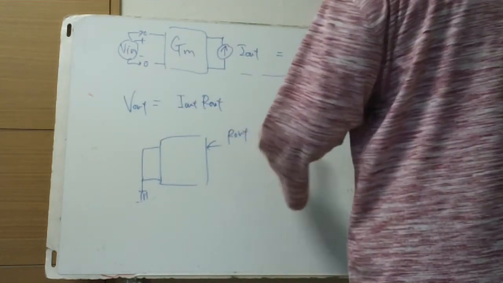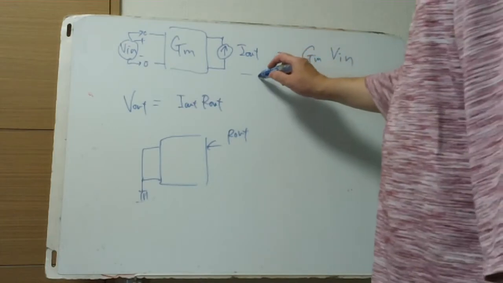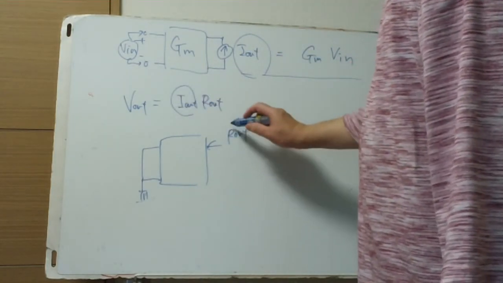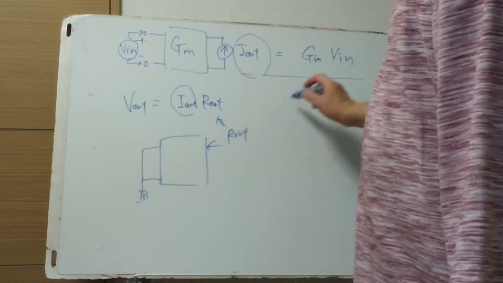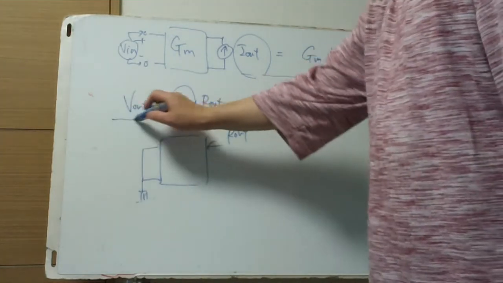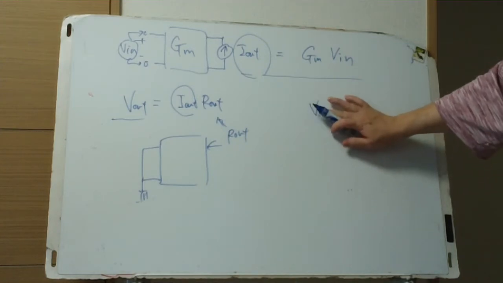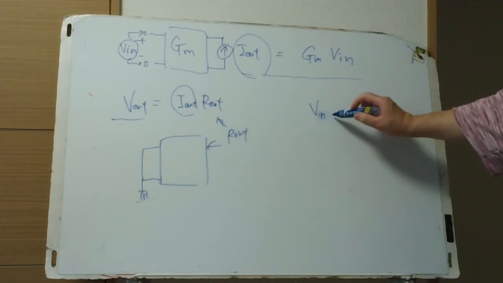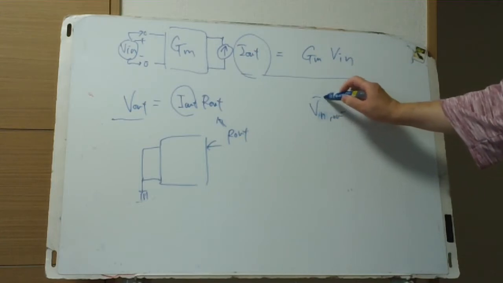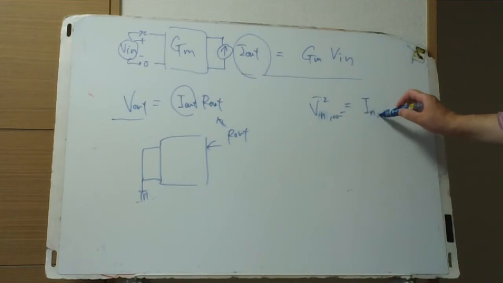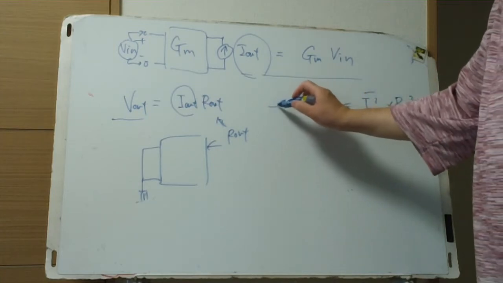Iout times the output resistance Rout gives Vout. Also for noise, the output voltage noise squared is given by the output current noise squared times Rout squared.